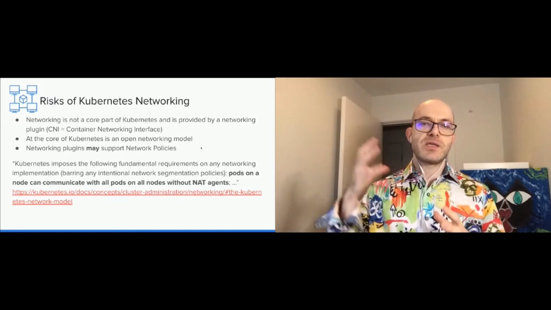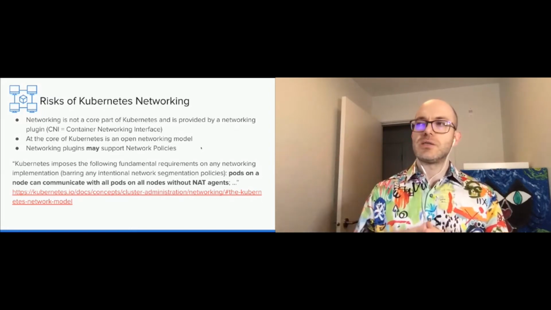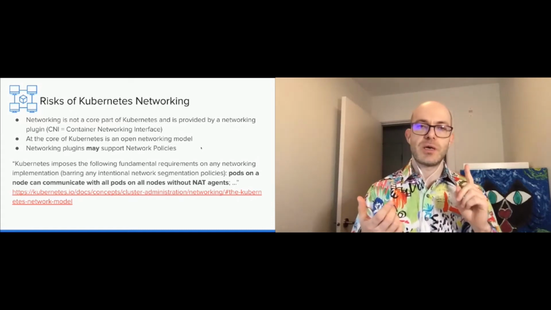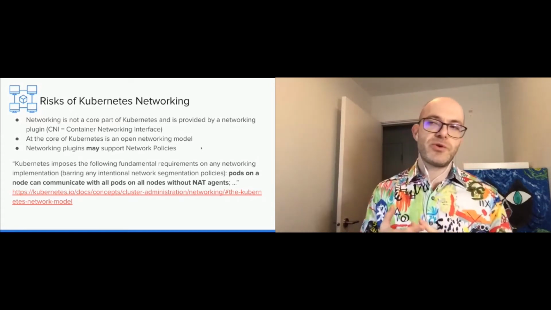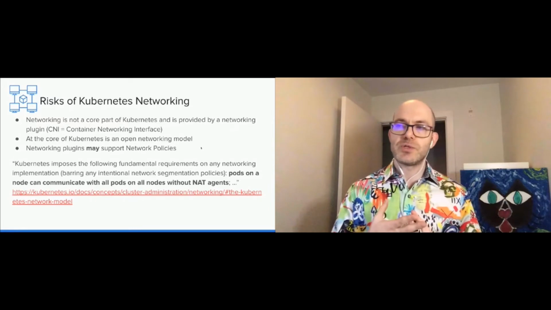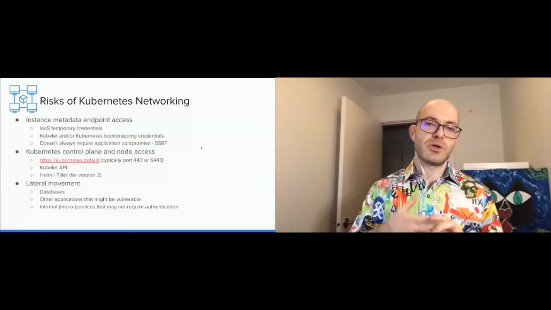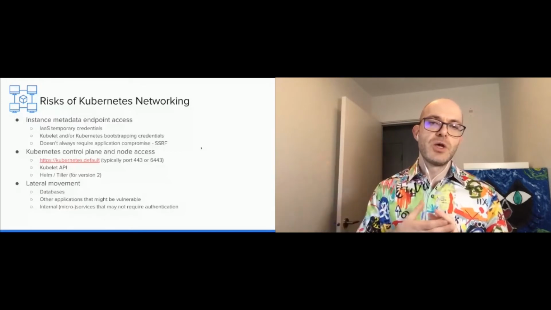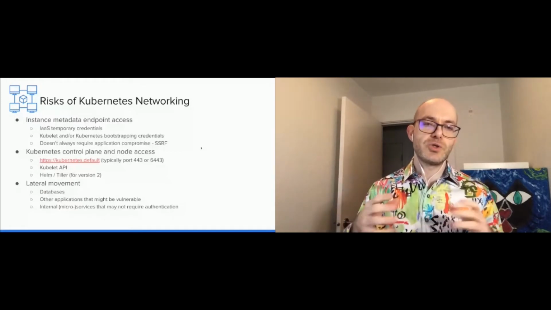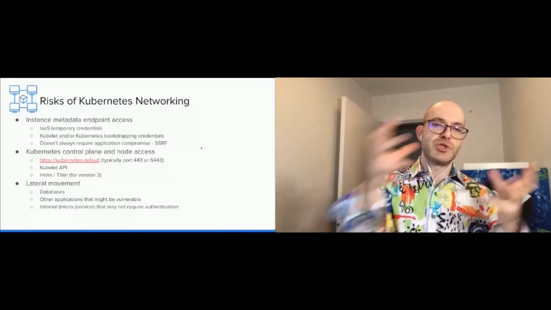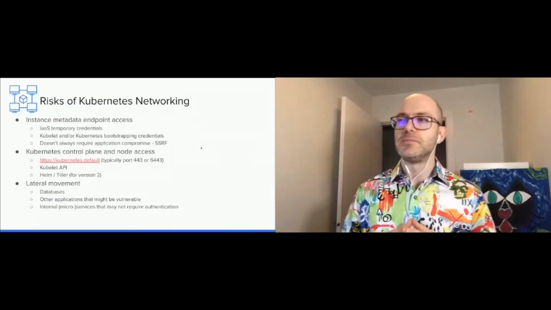If a workload has access to that metadata endpoint, potentially you can be exposing the cloud service provider temporary credentials. You can be exposing credentials that are used within the Kubernetes cluster, because there are often credentials used throughout the node provisioning process that the node uses to join the Kubernetes cluster.